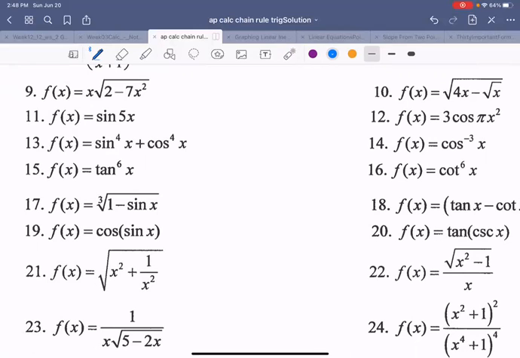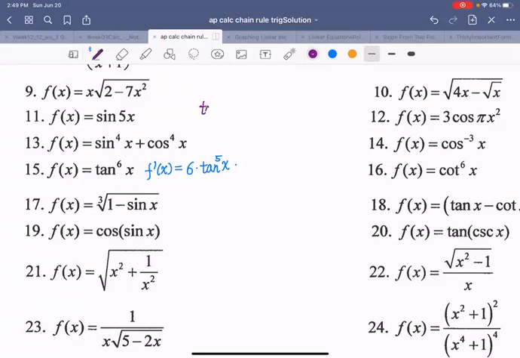You do this one. This is to the power of 6. So what do you do? You copy down 6 times tangent x to the 5th. So you put 5 here, okay? And as a student, you have to know this.